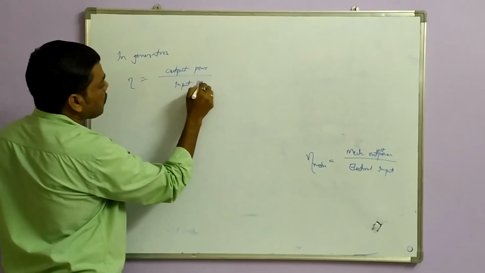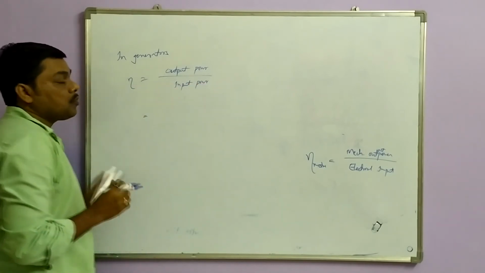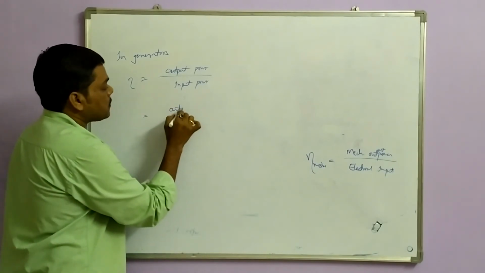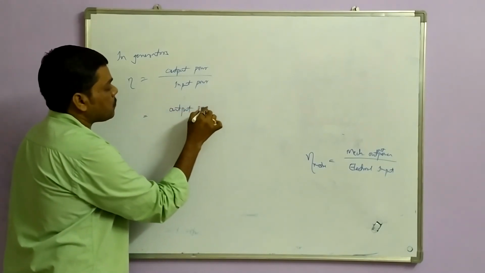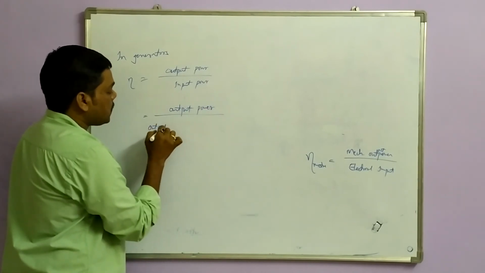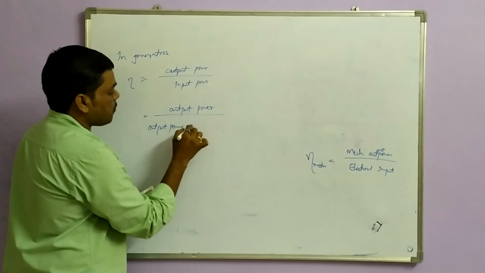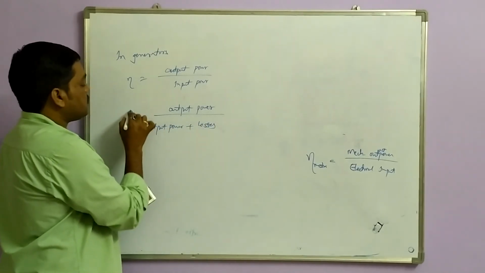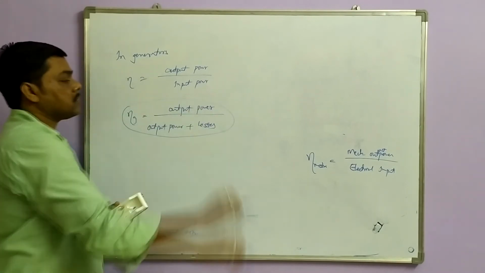So this is a general formula, but output power is electrical. Okay, so we can write it as output power divided by output power plus losses. So this will be for generators.